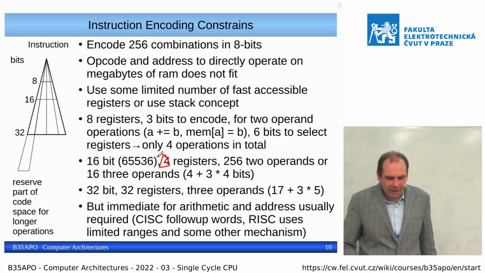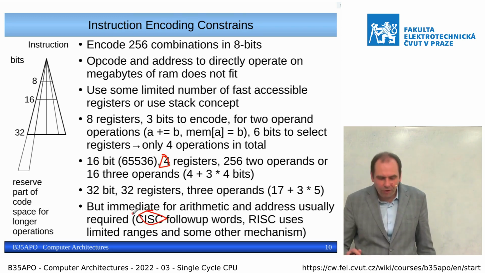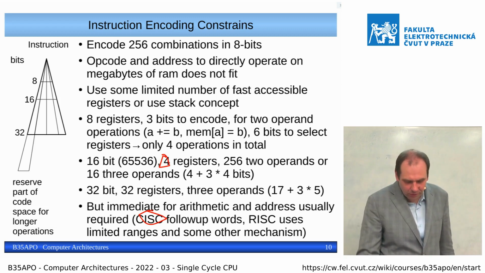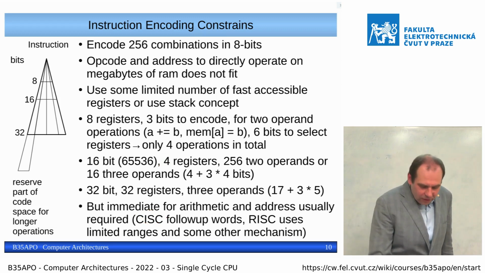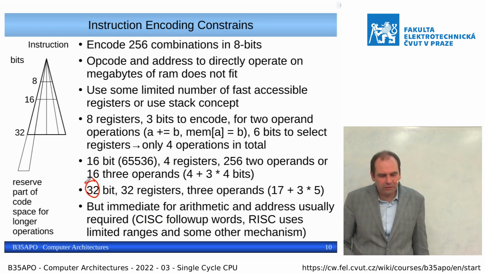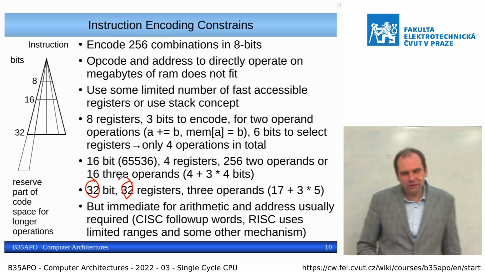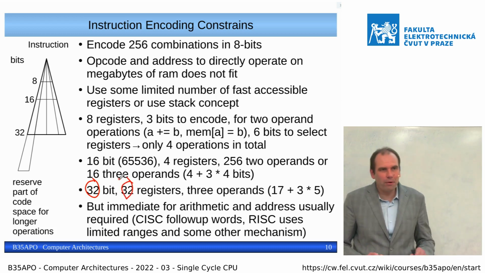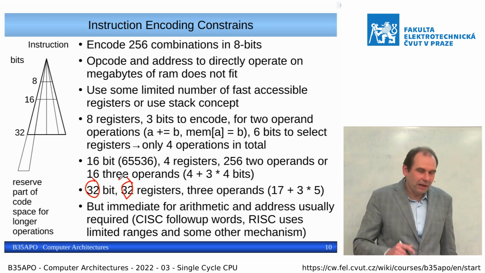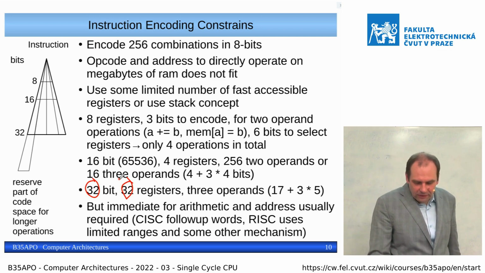In fact, complex instruction set processors use some follow-up words and somehow extend the instruction, but it complicates the decoder and so on. So quite common practice today is to have 32-bit encoding of the instructions, to have 32 registers, which is a reasonable amount for a typical number of local variables in some loops and in your code, and 3 operands.